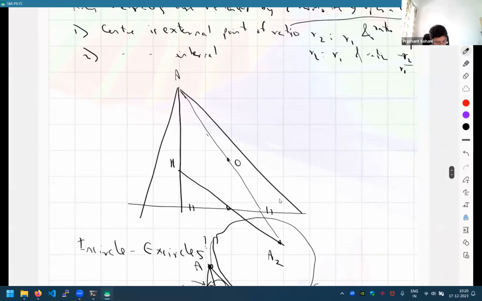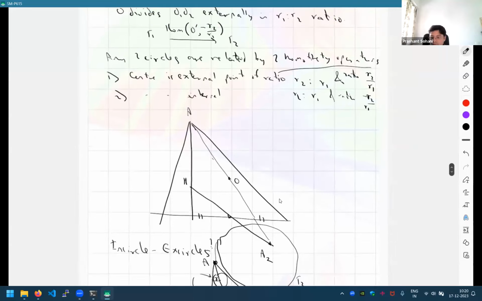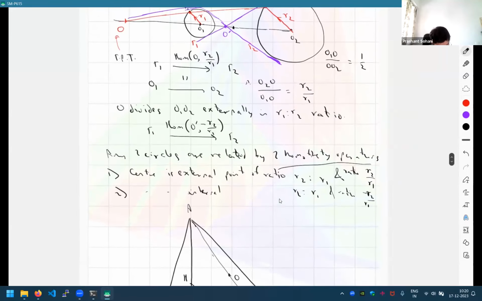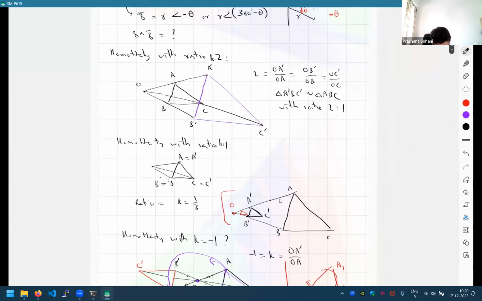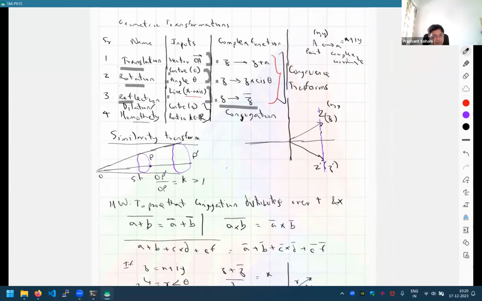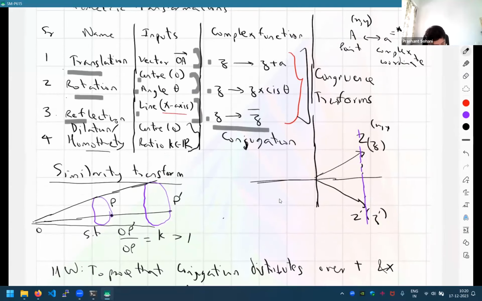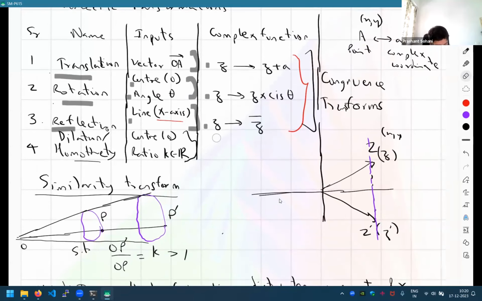We don't have a lot of time, so let me come back to this table briefly. Based on whatever complex numbers you have studied so far, can you tell me what I should fill up here?